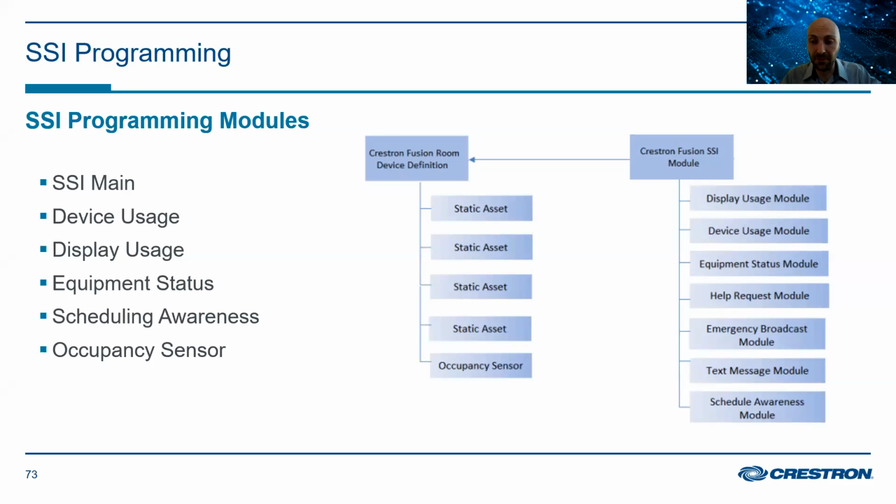And really important here also, especially in your designs, is if you do have custom rooms, please keep the limitation of 10 Fusion rooms per 3 series processor. Because if you go over 10 Fusion rooms per 3 series processor, because of all of the SSI modules that are needed, the system can be actually working quite hard.